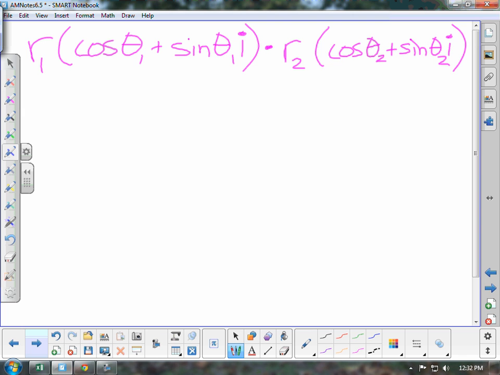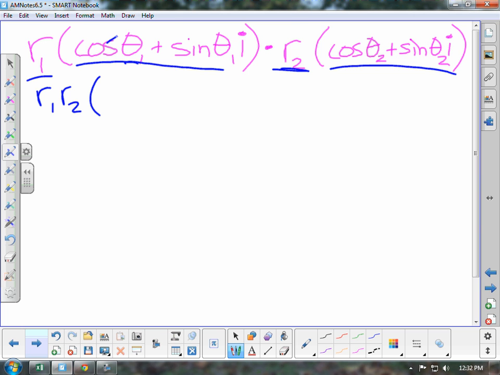Now moving on to some operations with complex numbers, multiplying. By your properties of math, you can change the order with the commutative property of multiplication to put these two things next to each other. And then if we multiply these together, multiplying that and that would get you cosine theta 1 cosine theta 2.